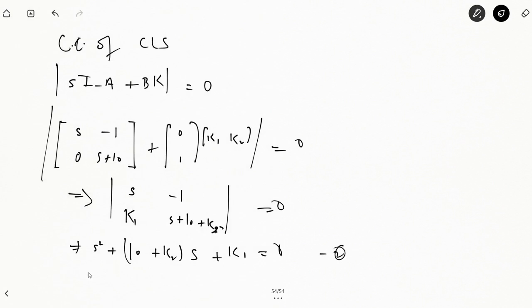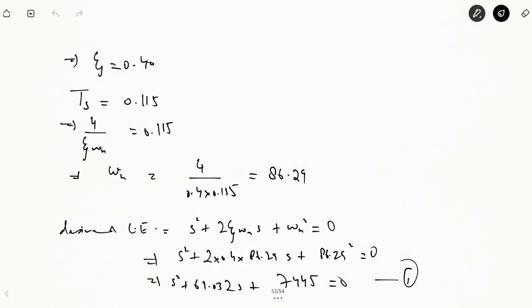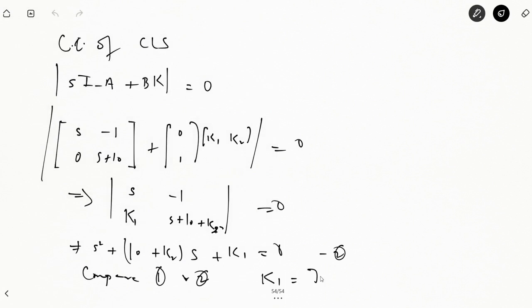So comparing 1 and 2, you will get K1 equal to 7445, K2 plus 10 is equal to 69.032, therefore K2 is equal to 59.032. Fine. So for this system we had to design a controller K for which the peak overshoot would have been 25% and settling time would have been 0.115 seconds.